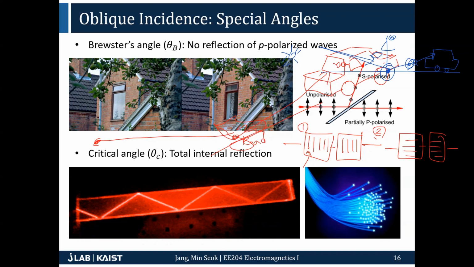So we need sunglasses 1 in order to block the light polarized along this direction, right? Sunglasses 1 allows the penetration of only P polarized light, and effectively blocks off the S polarized light.